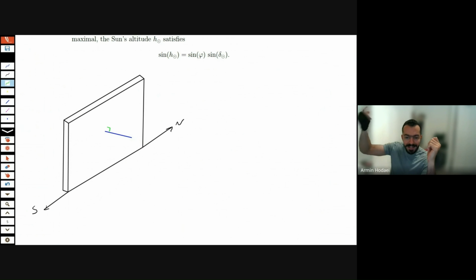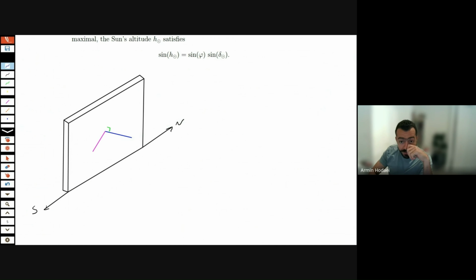So as the sun moves in the sky, it's going to have a shadow on the wall. I'm going to sketch the shadow with purple. This is the shadow, right? I don't care where the sun is. Wherever the sun is, I'm not going to sketch the sun.